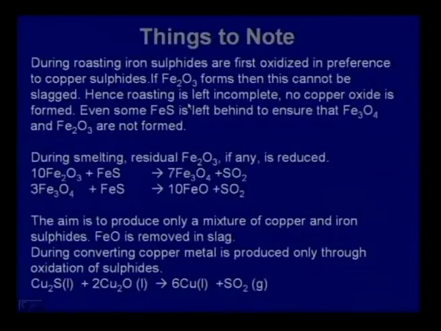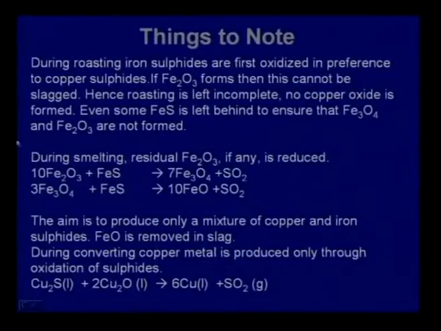Now, to understand what happens when we roast this sulphide concentrate in a reverberatory furnace, we should note that during roasting, iron sulphides are first oxidized in preference to copper sulphides. Now, we do not want iron sulphides to form Fe2O3, because if Fe2O3 forms, then this cannot be slagged very easily.